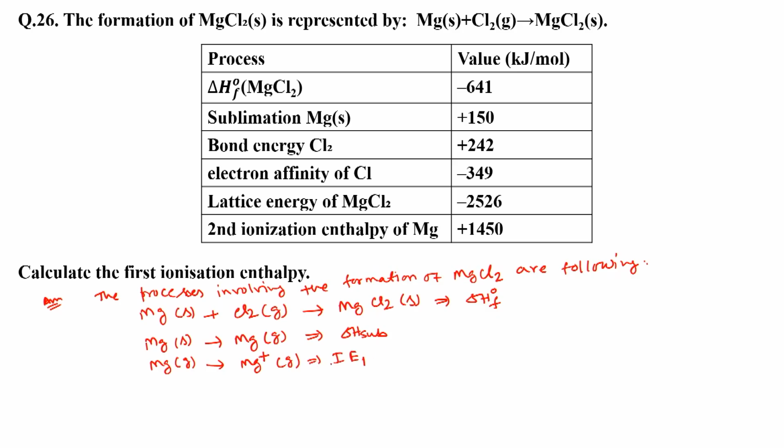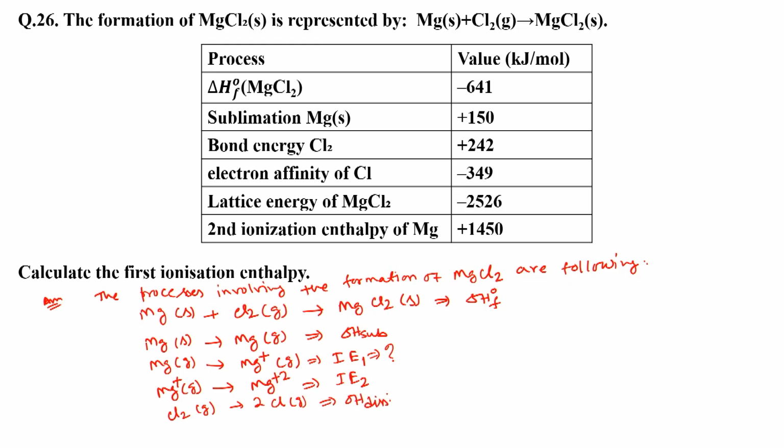Ionization enthalpy 1, because Mg in MgCl2 is plus 2, so this is ionization enthalpy 1 for the process Mg goes to Mg+. So Mg+ gas goes to Mg2+, this is second ionization enthalpy IE2, that is given here, but IE1 we need to calculate. Next is Cl2 gas goes to 2Cl gas, this is nothing but delta H dissociation.